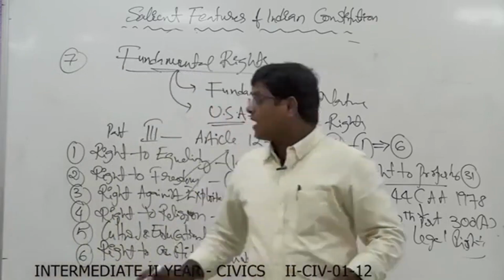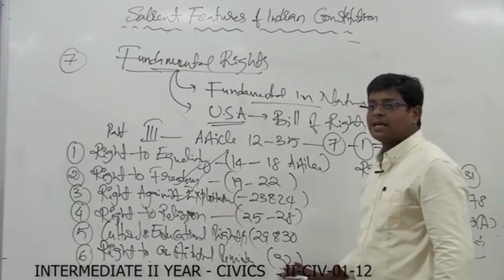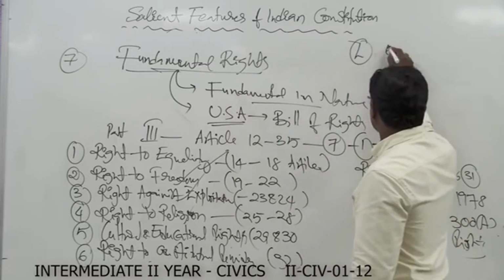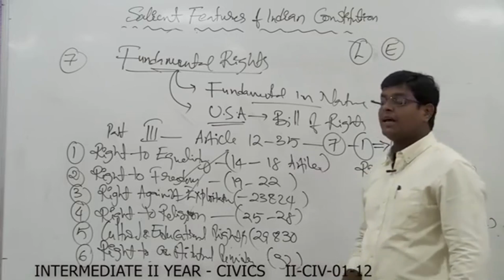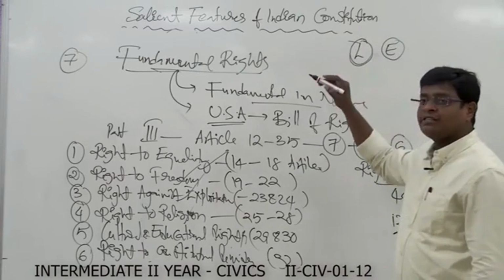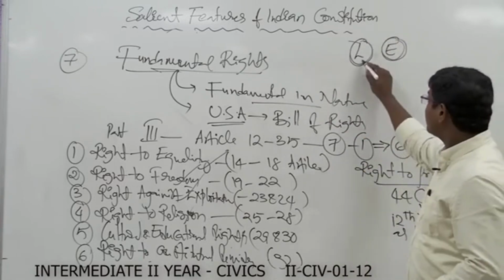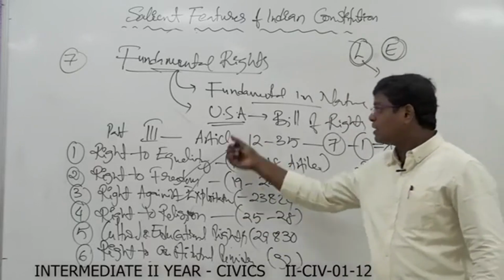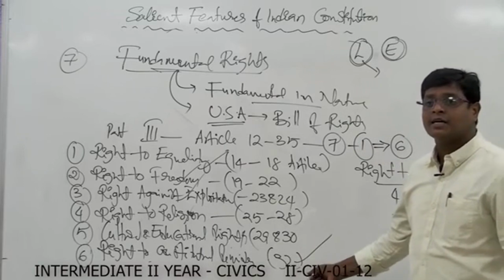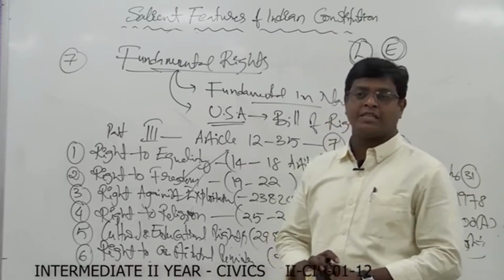By these fundamental rights, the people enjoy rights against the legislature and against the executive. That means the people enjoy freedom against legislative activities and executive activity. While making laws against the fundamental rights, we can approach the Supreme Court under Article 32. At that time, the Supreme Court issues some writ petitions.